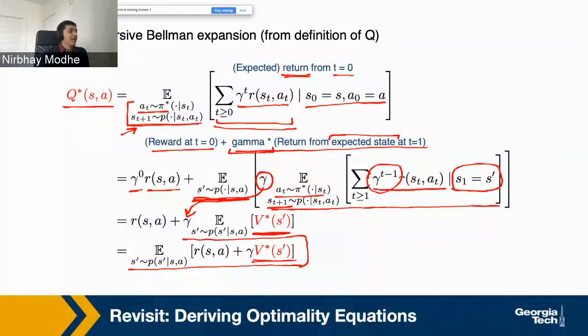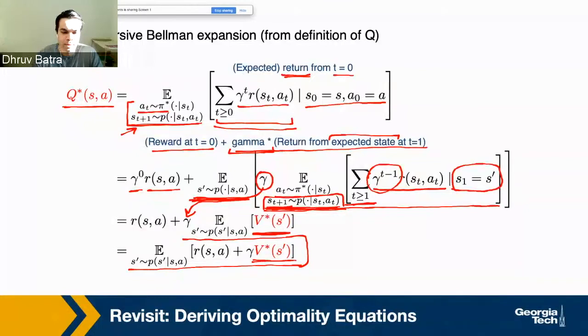So I'm asking what is S1, what is the expectation over S1? And then from then onwards, I'm writing the expectation from t equal to 1 onwards, so this is basically expectation of S2 sampled from T, and this summation is over t equal to 1 to infinity now. So basically, I've just split the expectation into one time step here and whatever next time steps happen on the right hand side over here. So it was multiple expectations to begin with.